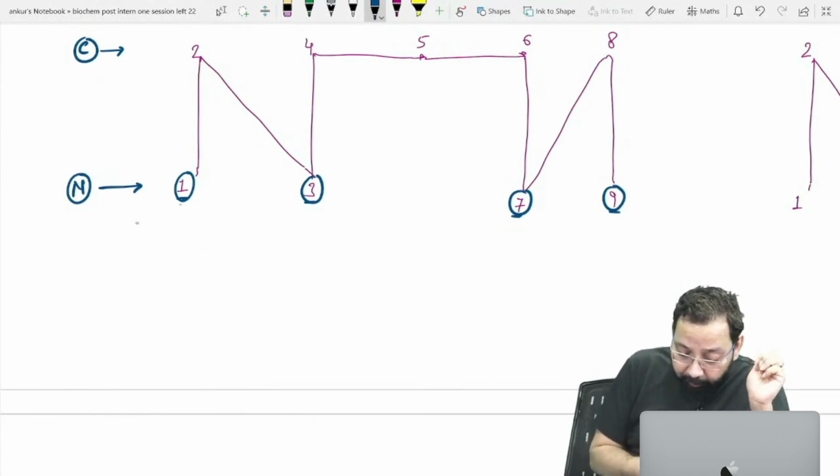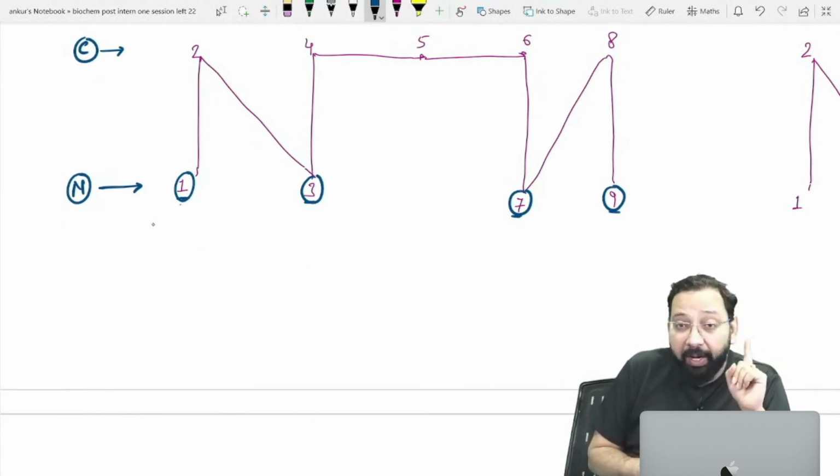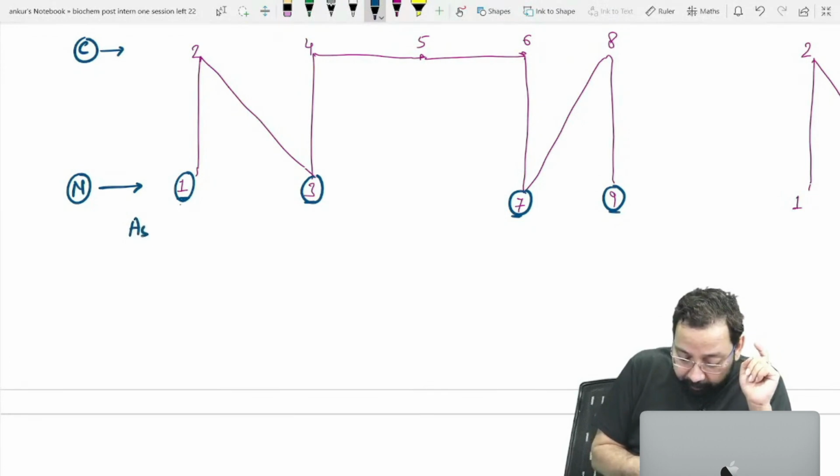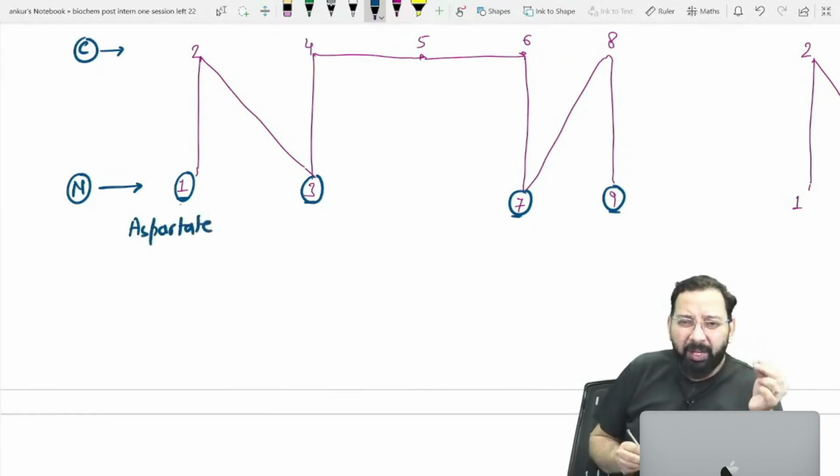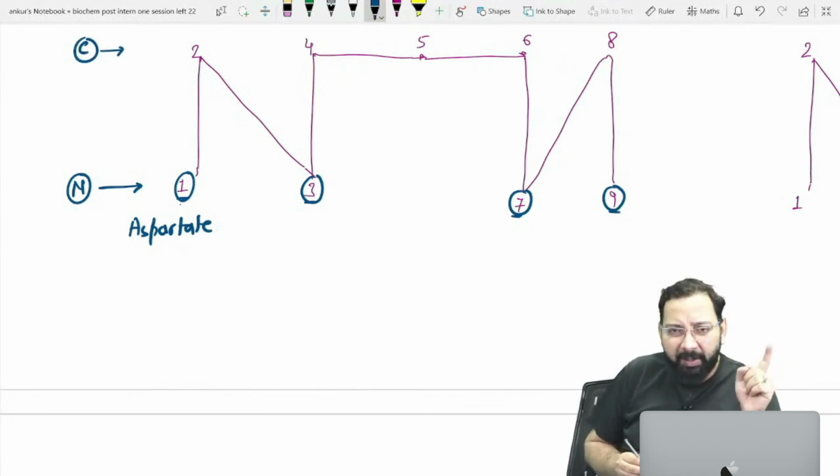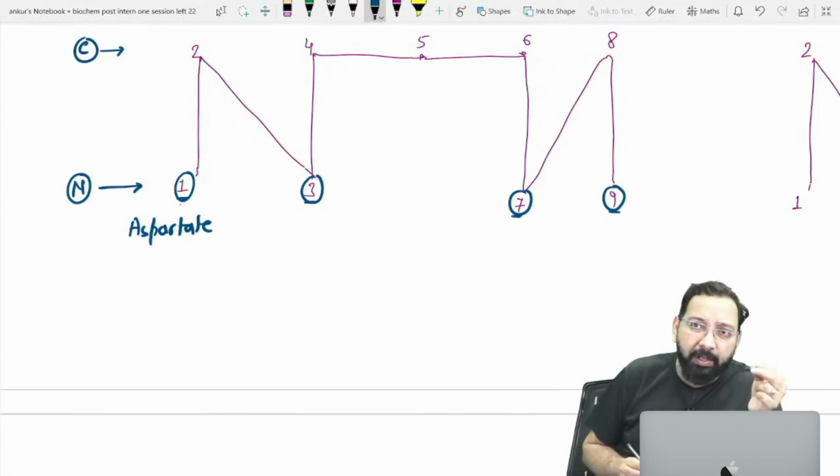1 means A for aspartate. So 1 is equivalent to A, the first alphabet. So A for aspartate. Mnemonic: aspartate participate.